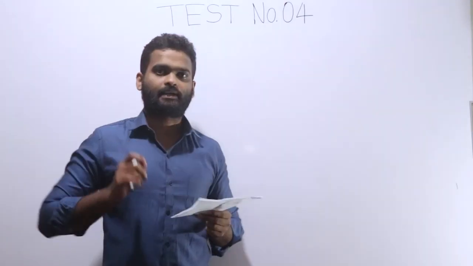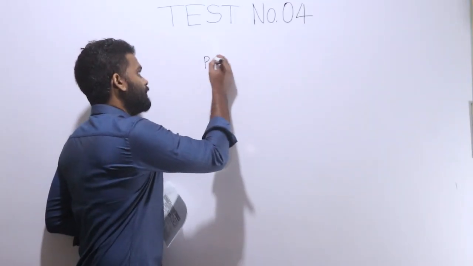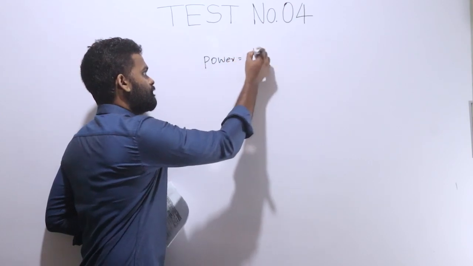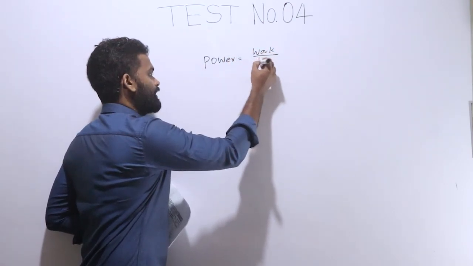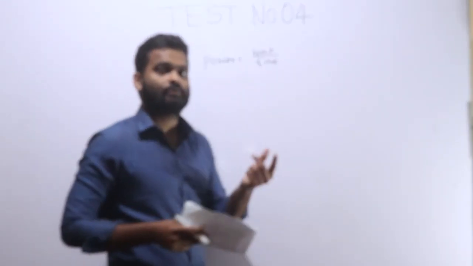And the second question: dimensions of power. For this, you have to remember the equation for power. Power is work divided by time, or in other words, the rate of doing work.